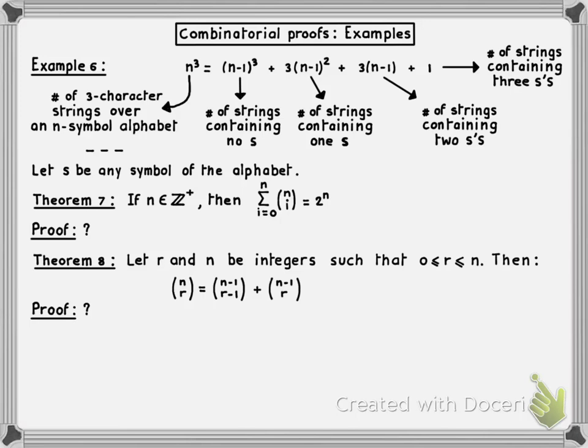So, why don't you try and write a combinatorial proof of this theorem? Now, to get you started, let me give you a hint. For example, you can consider this number to represent the number of teams of r students that I can form out of a set of students, say the set of students in our class of size n.